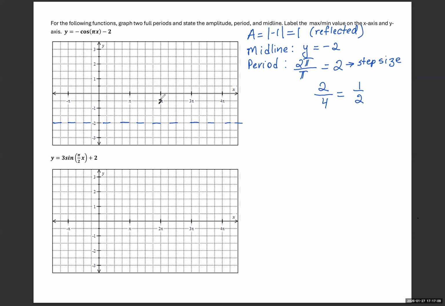So this is just 2, which means this is 1. This is 3, no pi's. And this is 4. Same thing here. This is just -1, no pi. Now, with that, since 4 squares is 1, 2 squares is 1/2. So my step size is 2 squares.